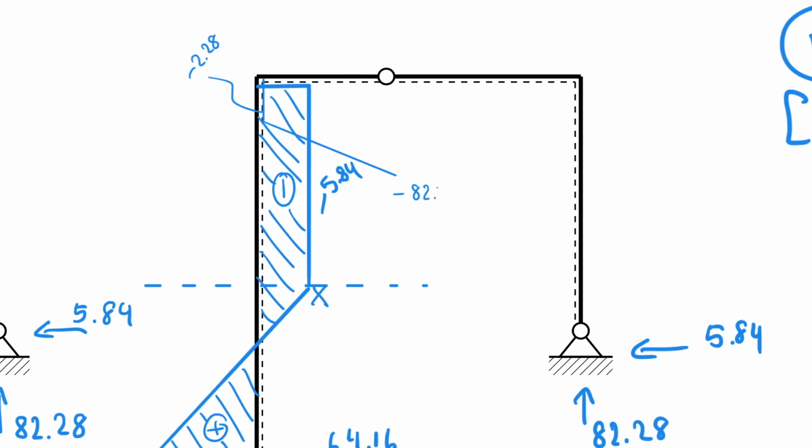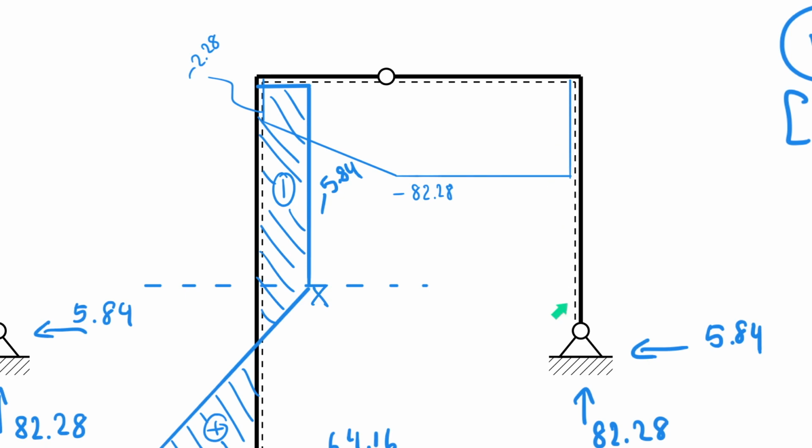Not 87. 82.28. And then again, nothing happens, nothing happens, nothing happens. And then it has to jump back up, and I will explain that to you in just a second.